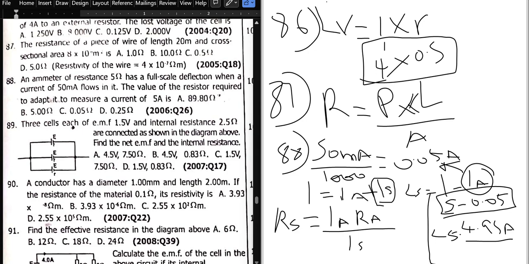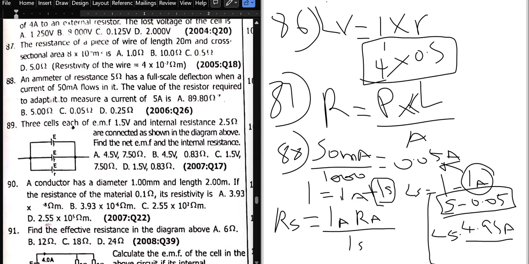IA is not 5. IA is 0.05. It's a normal I that is 5, and we're not using that in this formula anymore. IA is 0.05. Ra is 5. Then your IS is 4.95. So that's what you are solving for.